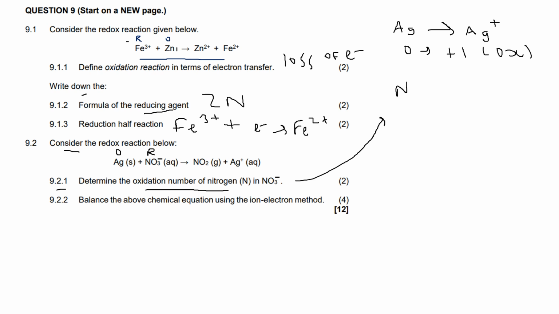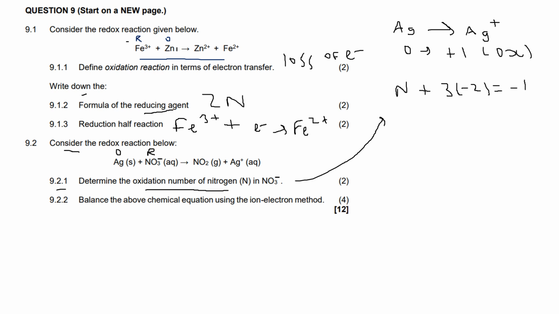It will be N plus 3, which is multiplying our oxygen. Oxygen is in group number 6, therefore it will form -2 here, and the whole thing will be equal to -1 based on that charge.